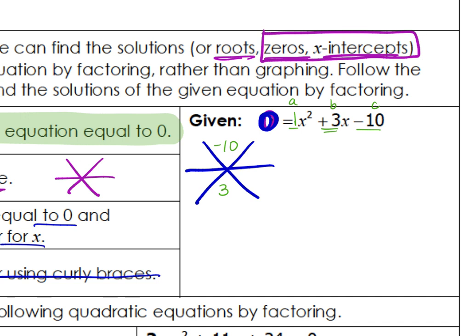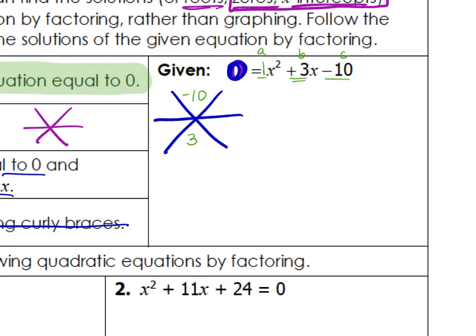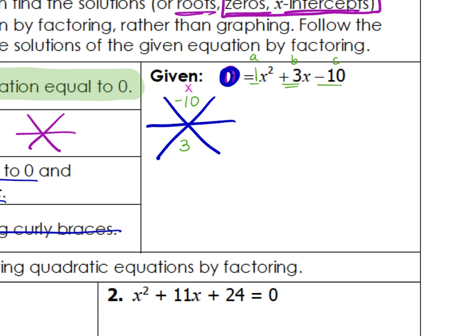So you are now asking yourself the question, what can I multiply to get a negative 10 that I could add to get a 3? And remember, this is where we would set up our t-chart if you want. So 1 times 10 is 10, 2 times 5 is 10, 3 doesn't work, 4 doesn't work, and now we're back to the 5. So these are your factors.